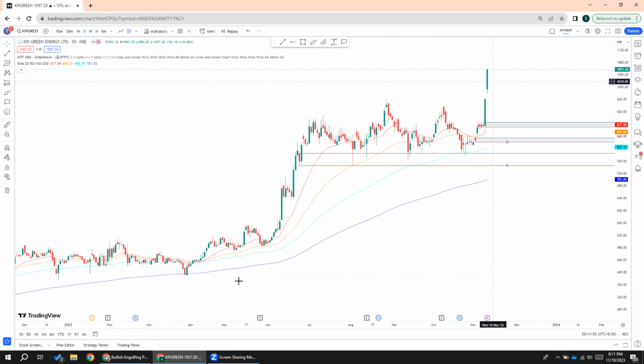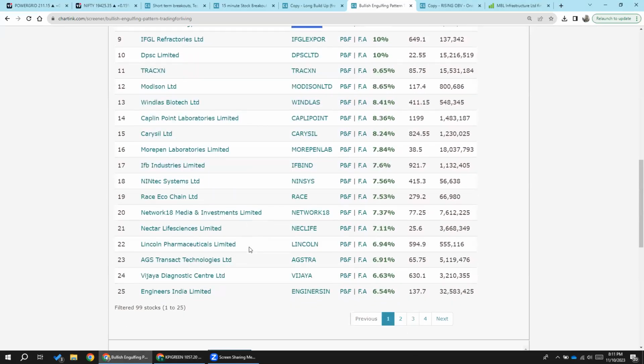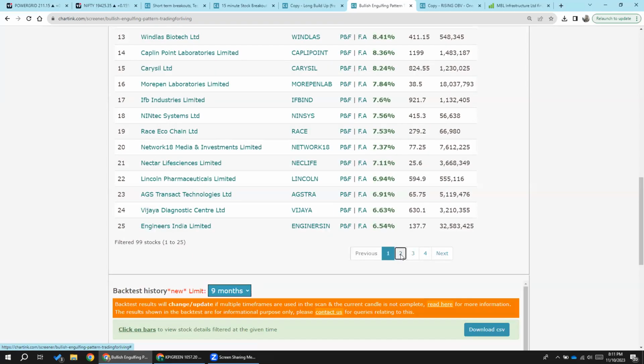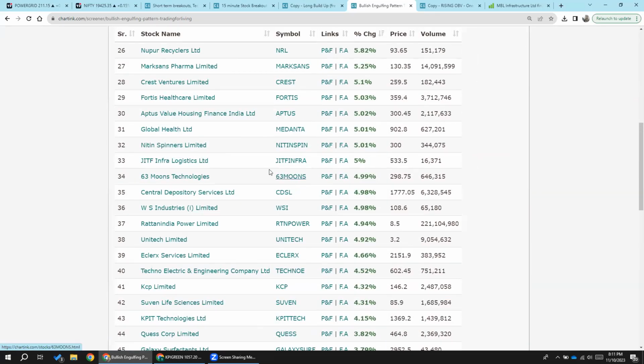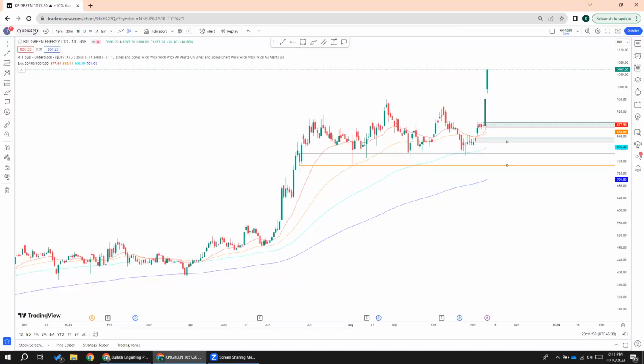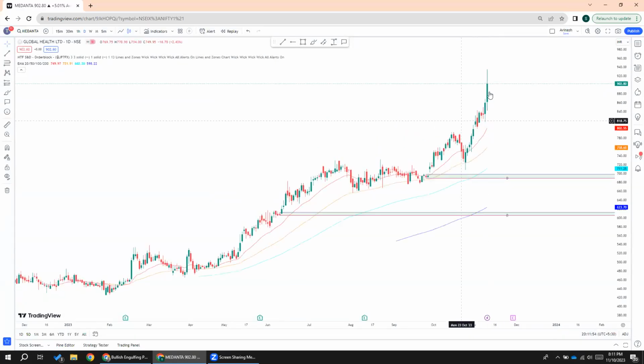The stock is good, but the stop loss is high, so we look for more. If there is a 5%, 6% move in a day, then identifying the stop loss is a little difficult, right? It satisfies the criteria, but the stop loss is high.